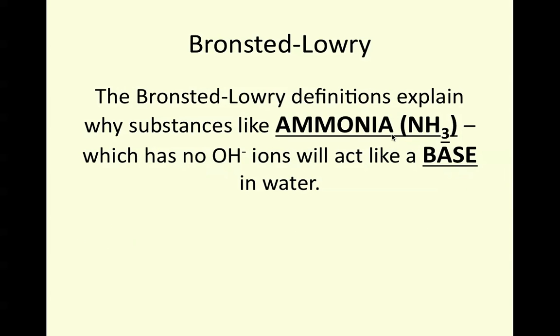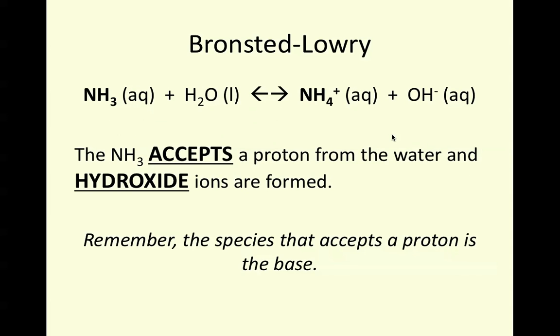Now, the Bronsted Lowry definitions explain why substances such as ammonia, which has no hydroxide ions, will act like a base in water. Because ammonia wasn't able to really be defined as a base under the Arrhenius theory, but Bronsted Lowry does allow it to act like a base, and let's go through that.